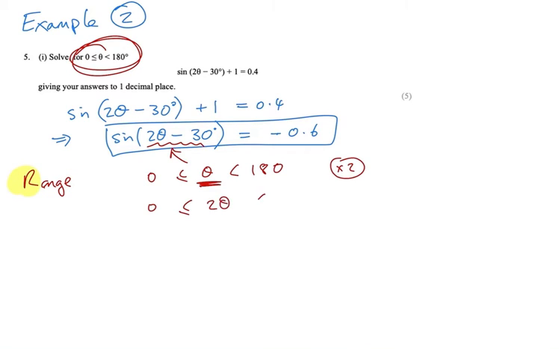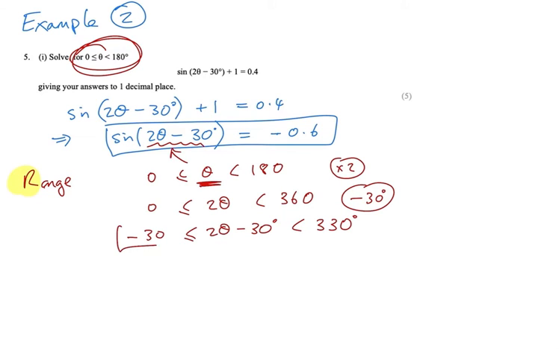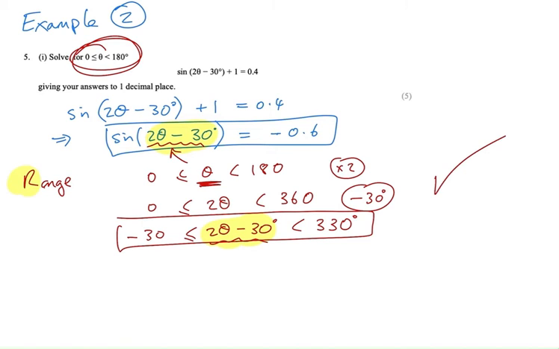So I get 2 theta between 0 and 360. And then the second thing I'm going to do is take away 30 degrees from everything. And this gives me 2 theta minus 30 between minus 30 and 330 degrees. And hopefully you now notice that the thing in the middle of my inequality is exactly the thing that I wanted. These 2 things now match up, which is fantastic.